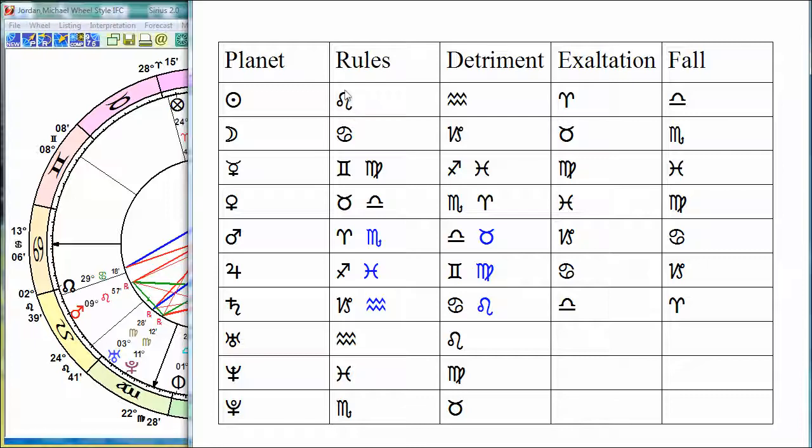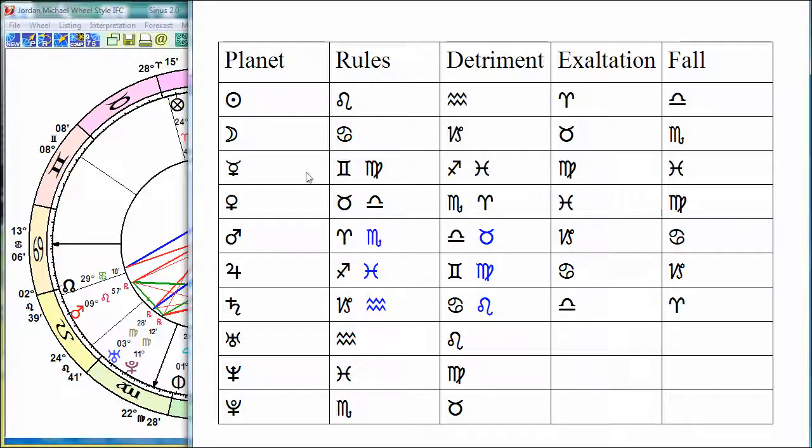You can't go wrong if you stick with this first column of rulers through Saturn. Everybody agrees about that. And frankly, I think almost all astrologers now are beginning to agree with these blue ones as well. Whether Uranus, Neptune, and Pluto rule anything or not, 10, 15 years ago, most astrologers thought they did, and now they think they don't.